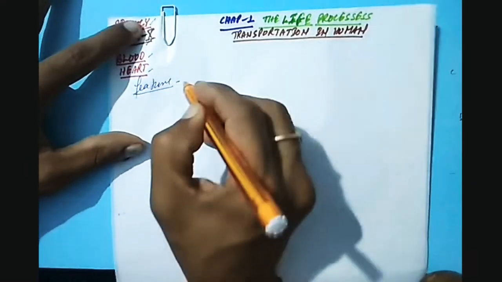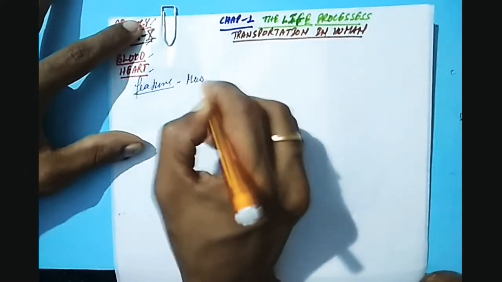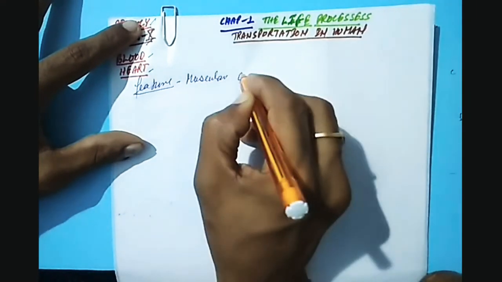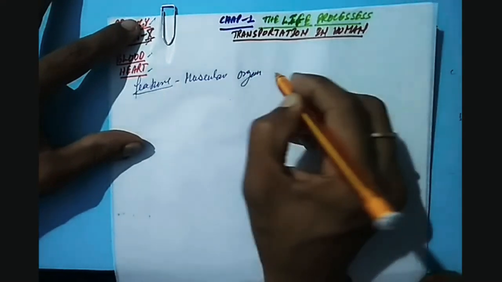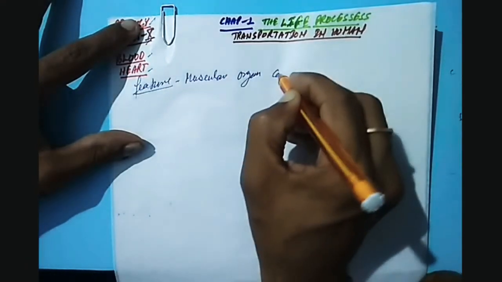First, it is a muscular organ and made up of a special type of muscular tissue, that is cardiac tissue.